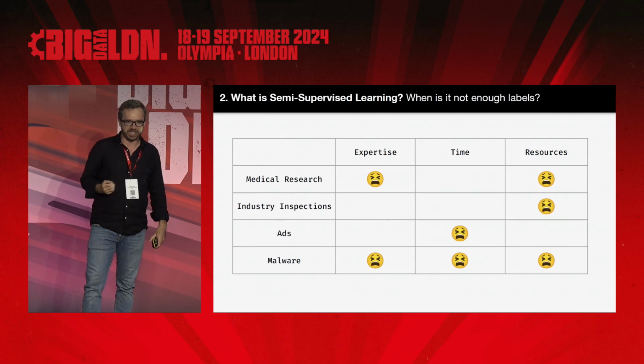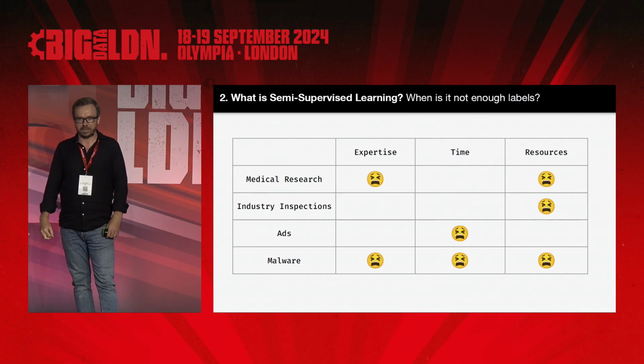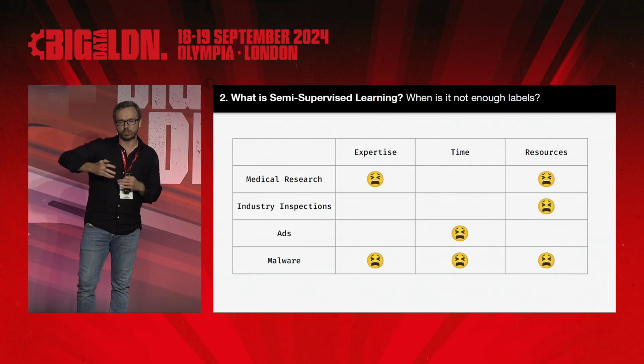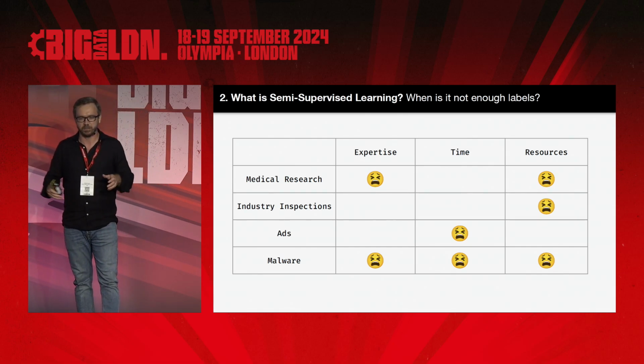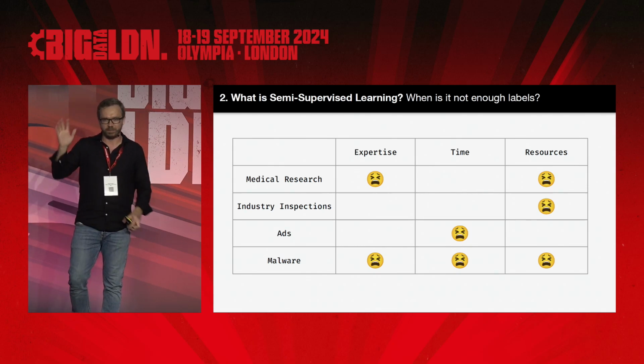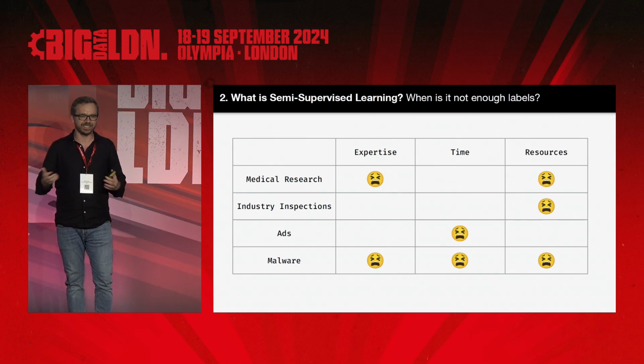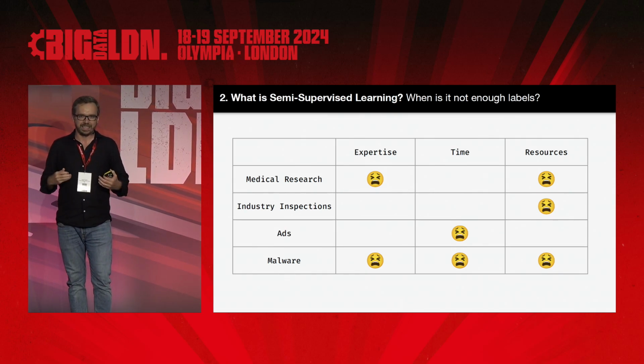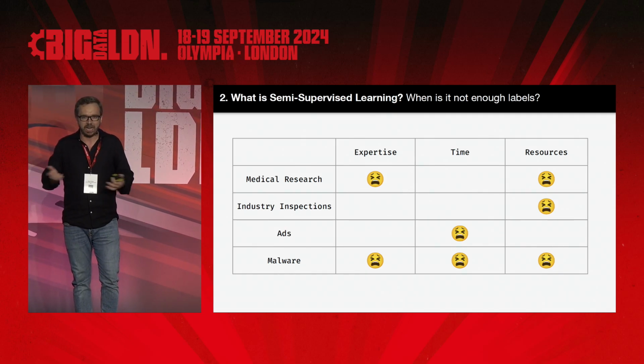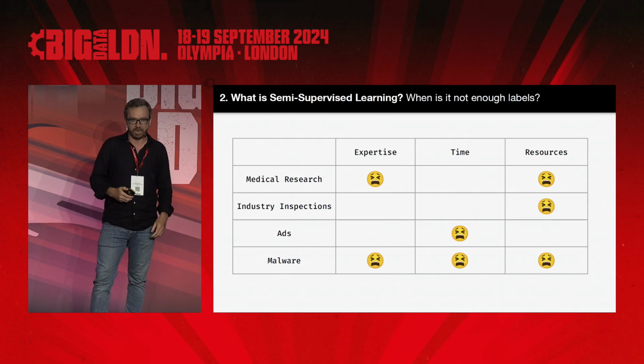Another thing is time consuming. Not only time consuming, but you need to wait some time. Let's say we are talking about advertisement. Someone put ads, and can I be sure that this ad is good or not? After 1 hour, after 10 hours, I might not be sure.